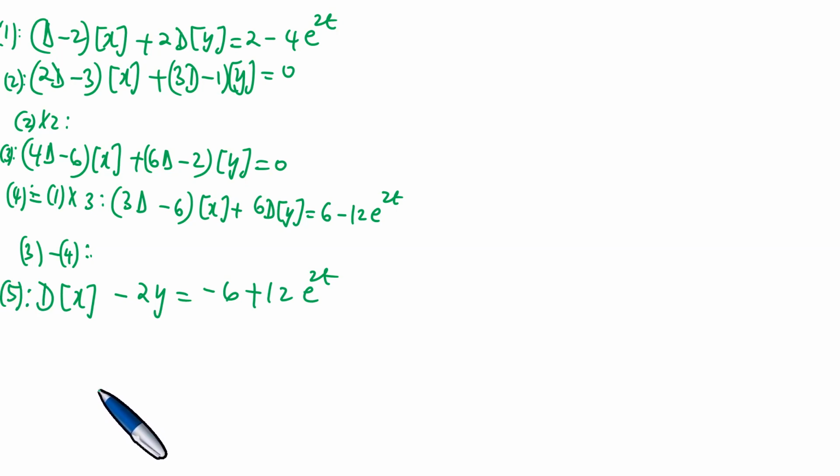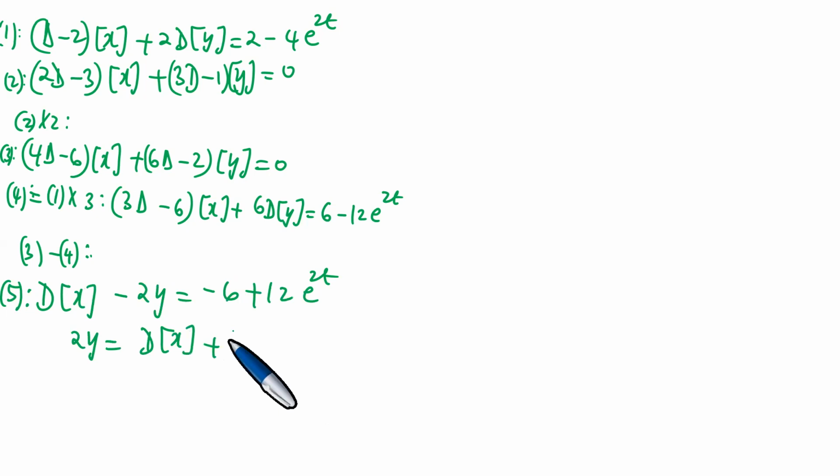Now, at this point, we can easily make y the subject of the equation. The easiest way is to transpose the y to the right, making it positive, and then you have the d operator on x.